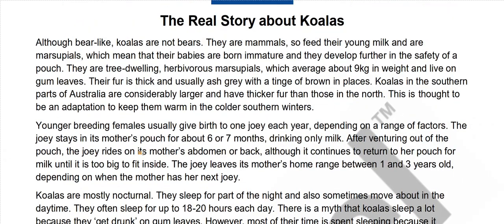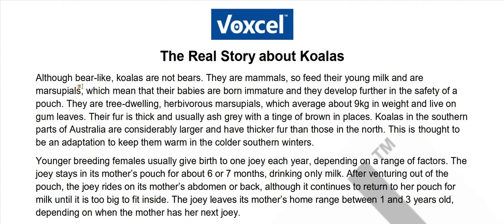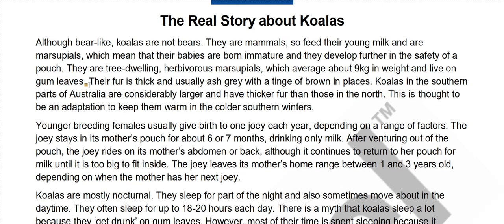Let's say, although bear-like, koalas are not bears. They are mammals who feed their young milk and are marsupials, which means that their babies are born immature and develop further in the safety of a pouch. So we don't have any information about their diet. They are tree-dwelling herbivorous marsupials.